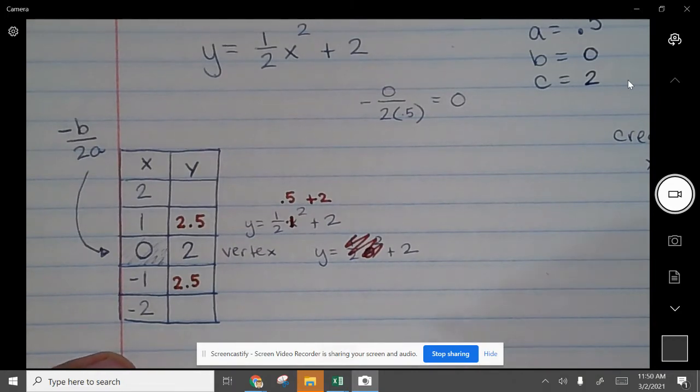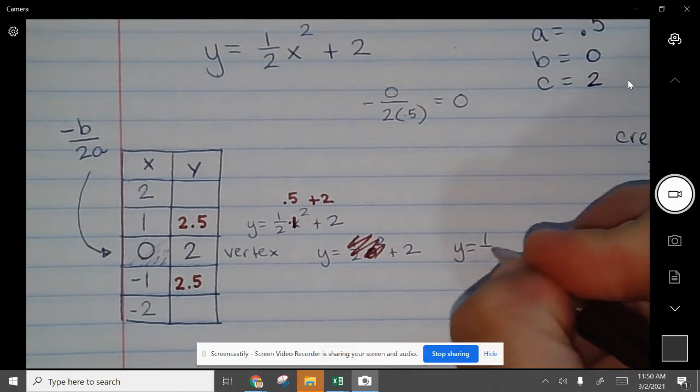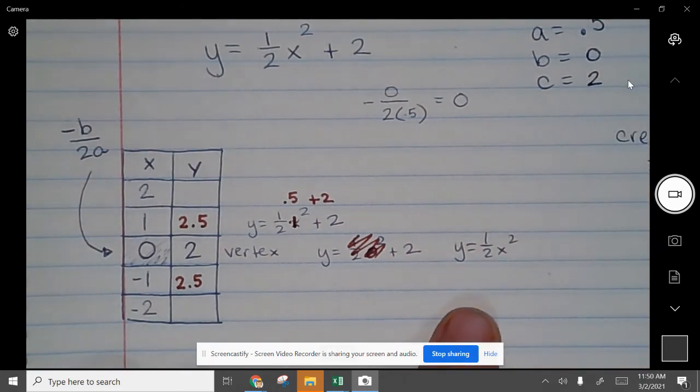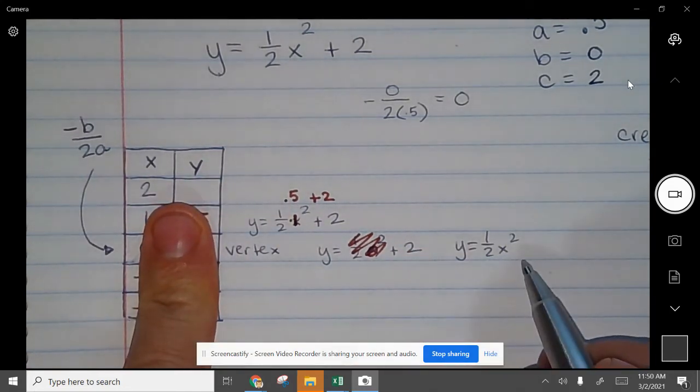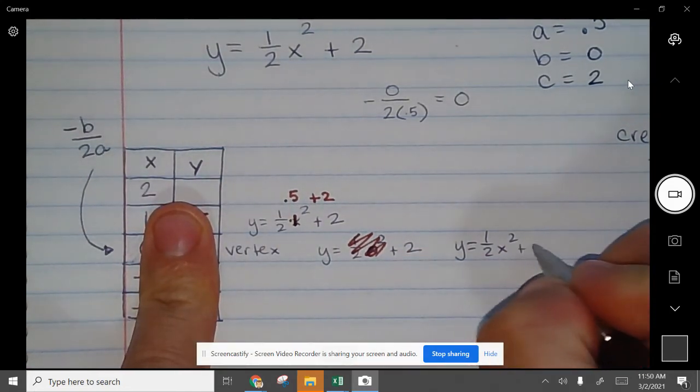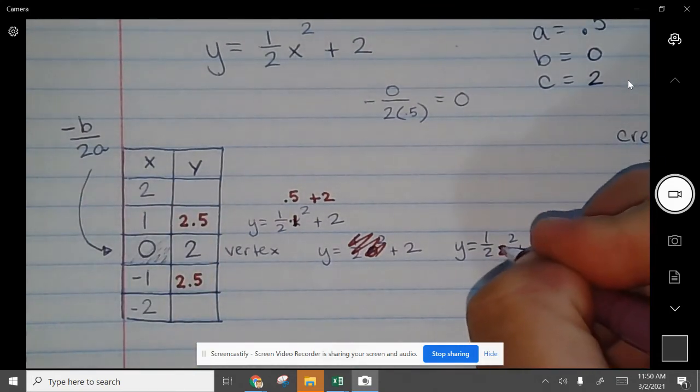All right, and then 2. Hold on. Let me finish this. I'm doing this math over here just because I don't want to mess up the rest. So 2 is going to go here, and it's plus 2. So I'm going to plug in 2 here.